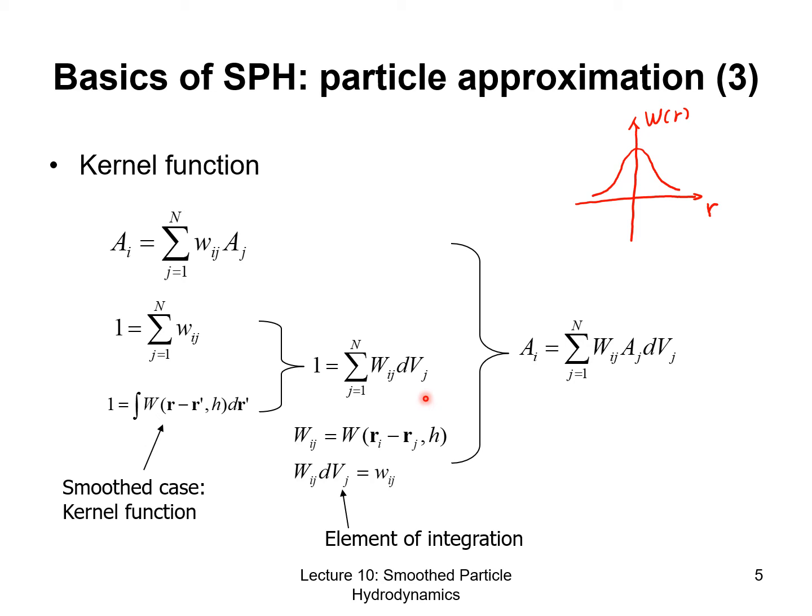So in this case, we can write this element of integration equal to the weight which we are using. Then we can write the final form this way. So basically, the approximation of I equals the sum over each particle around, related with the particle's volume and the kernel value, and the kernel has the property that its integration equals 1. Then we can satisfy these two conditions which we required for approximation.